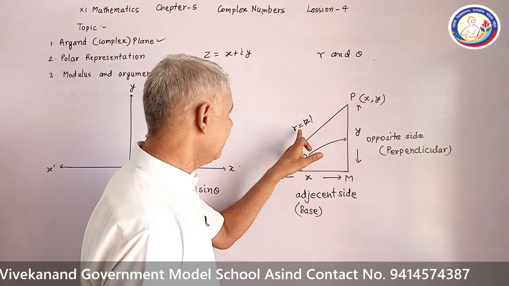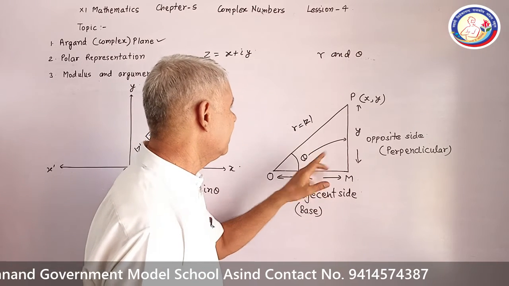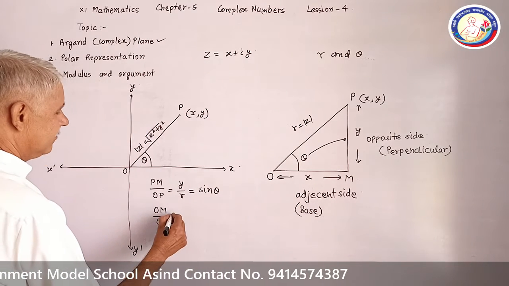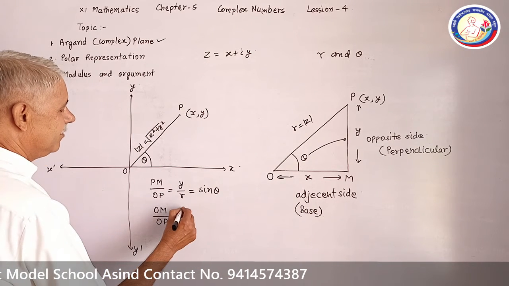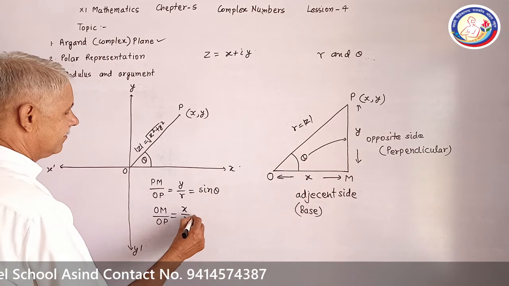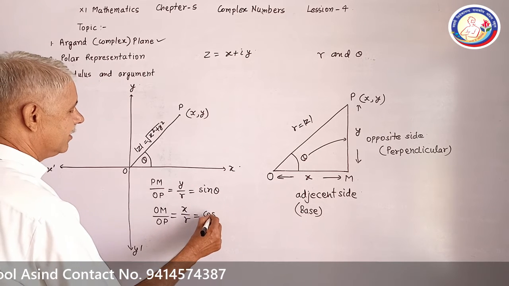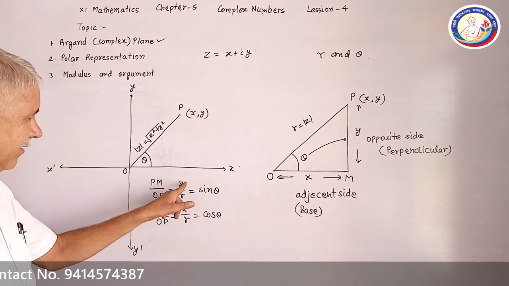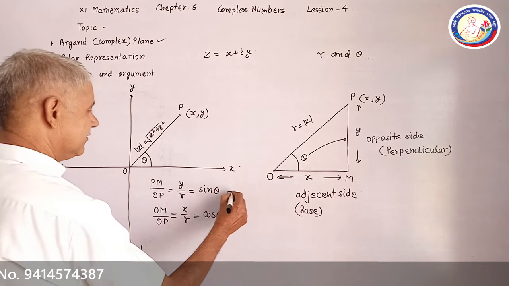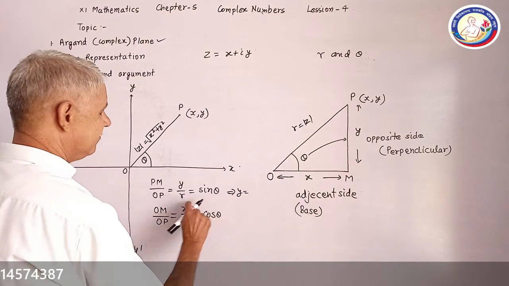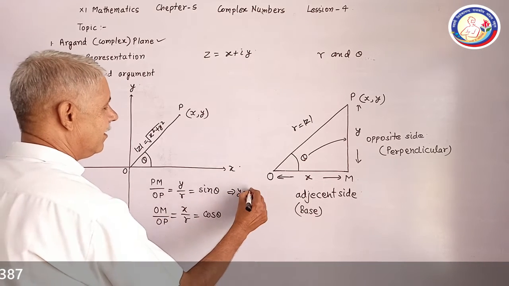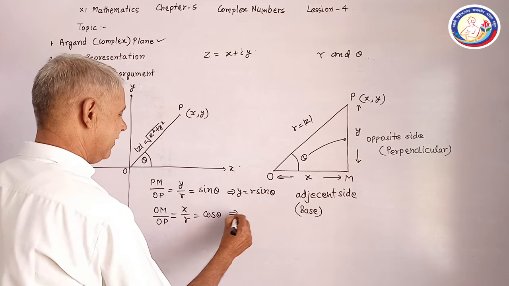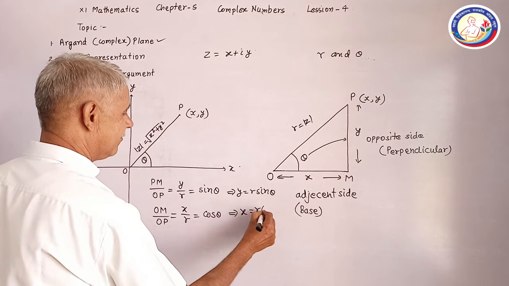So we are using only r and theta for x and y. OM upon OP will be x upon r, and that will be cos theta by our definition. So find here the value of y. This implies that y will be equal to, simple mathematics, cross multiply it, r sine theta, and x will be r cos theta.